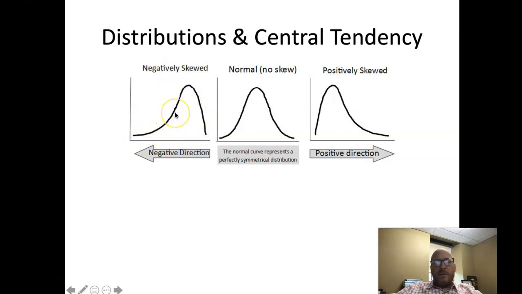That is, the skew is negative or less than the body, the main part of it right there. And this one is just a positive skew because it goes in the positive direction relative to the body. So those are two different shapes. They're both skewed, but it's important to distinguish between positive and negative.